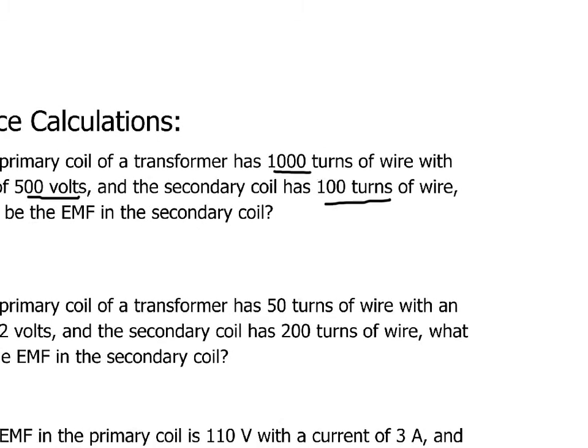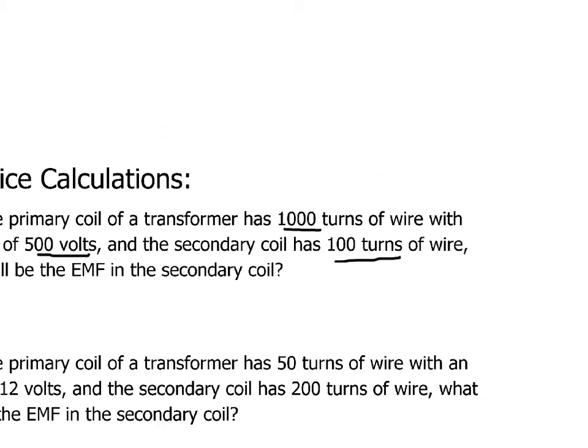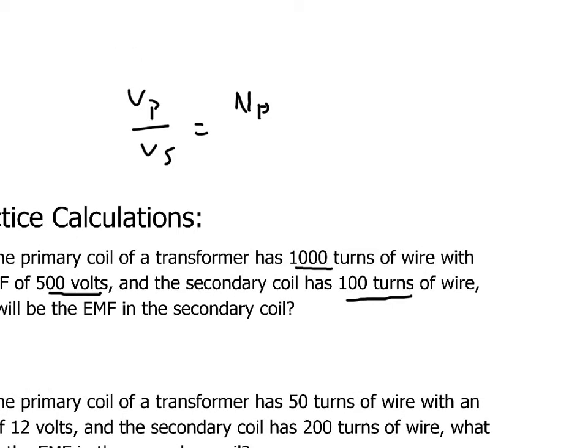So let's scoot this up a bit, give us some space to work with. You might remember that the formula is voltage of the primary divided by voltage of the secondary is equal to the number of turns on the primary divided by the number of turns on the secondary.